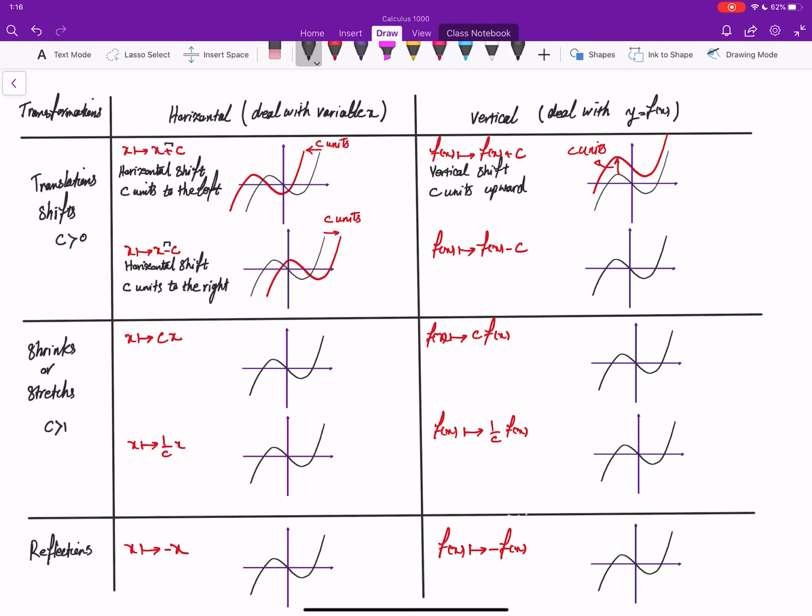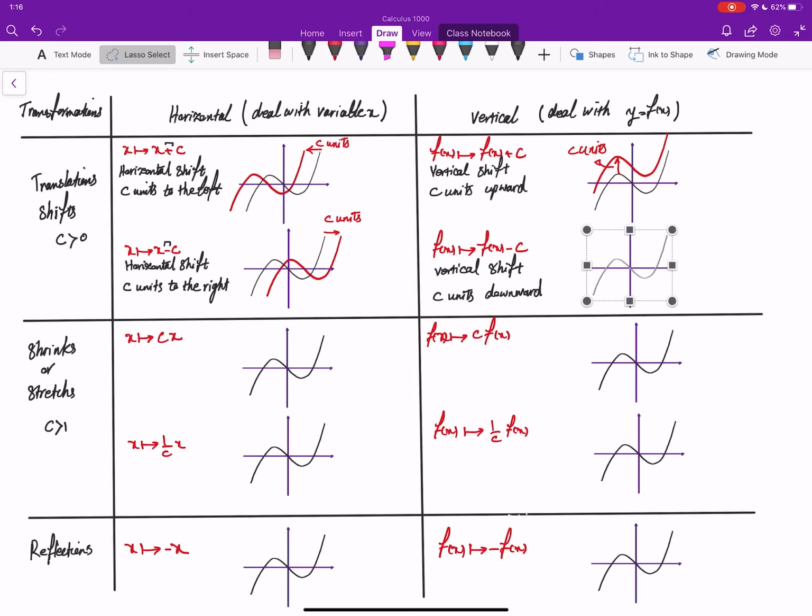f of x to f of x minus c, this is again vertical. It is a shift. It is c units, and this is downward. Okay, so this can be shown here.